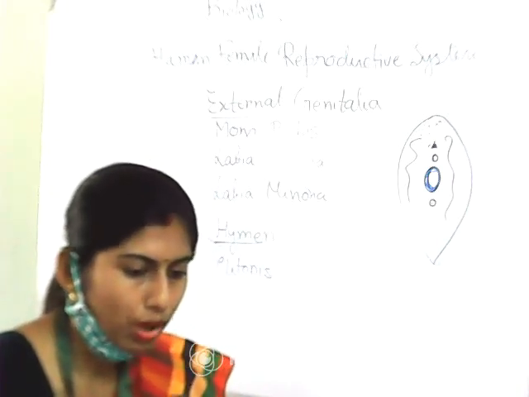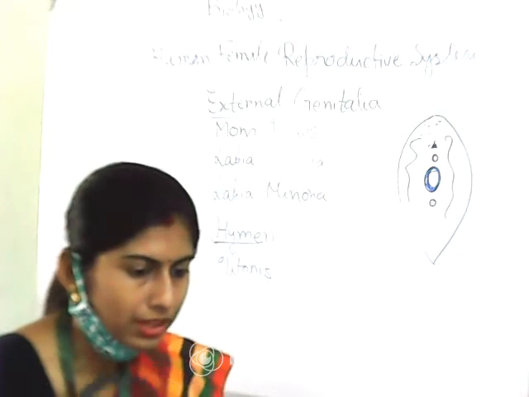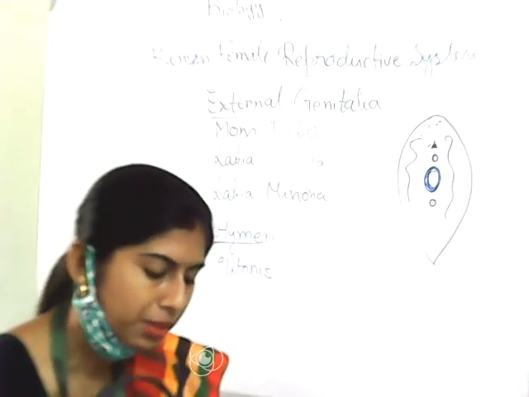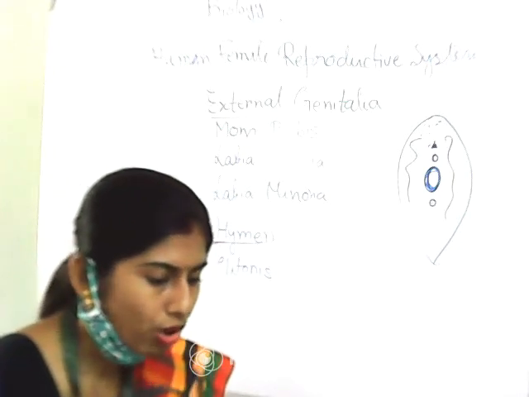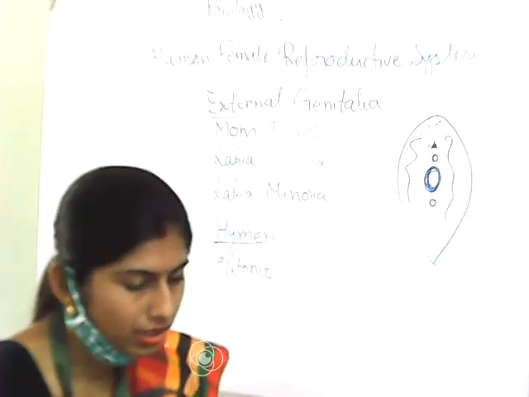Now you have to know about the different parts of the mammary gland, which is also related with the female reproductive system. Now I will draw a diagram, then I will tell you all the parts.